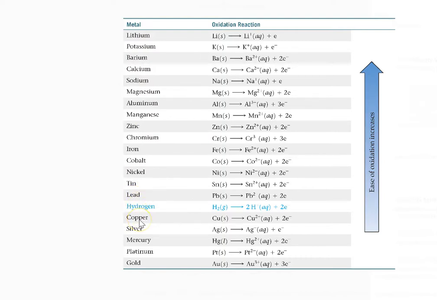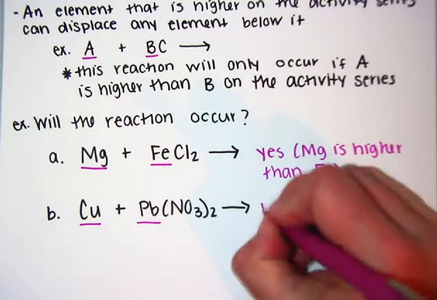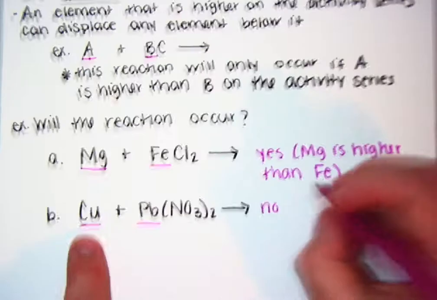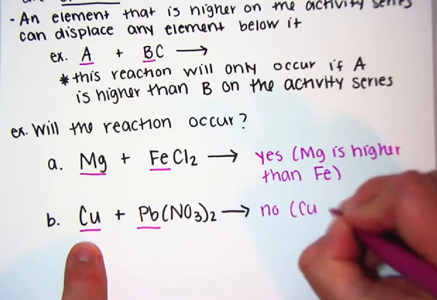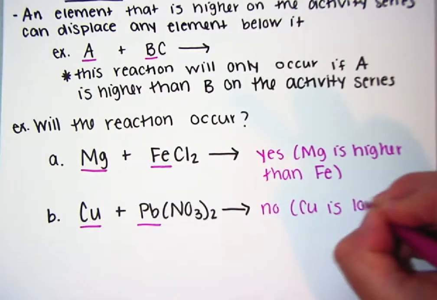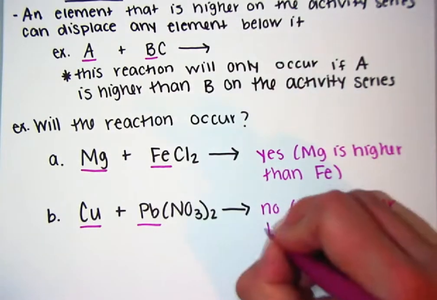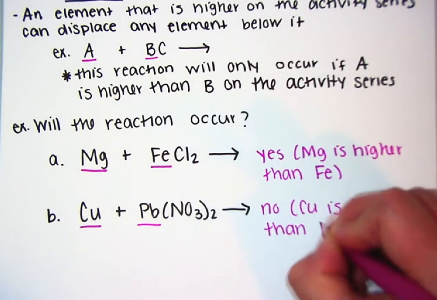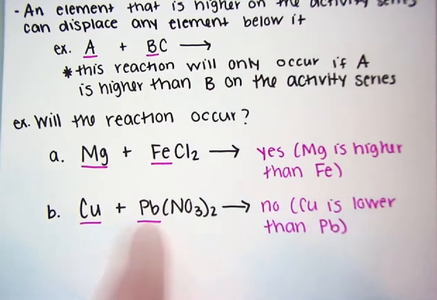Copper is below it. That means it will not displace it. No, because copper is lower than lead. Lead is more easily oxidized. Lead is going to lose its electrons and the nitrates are going to gain it.